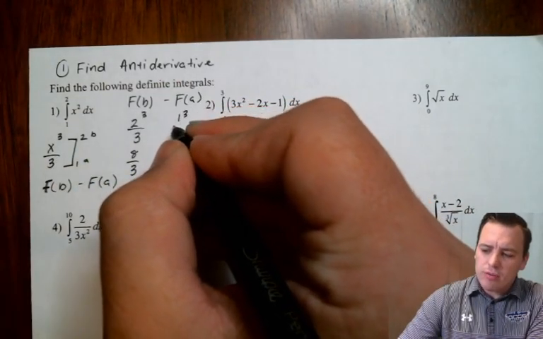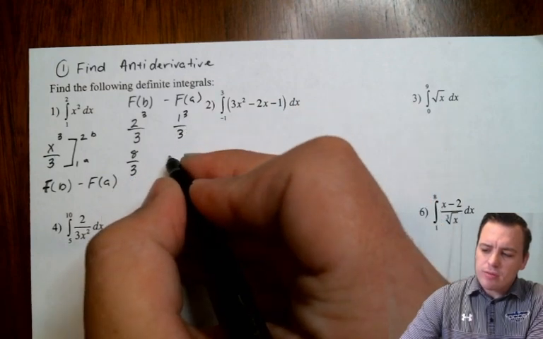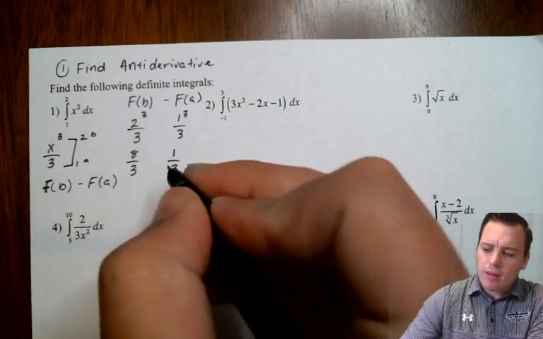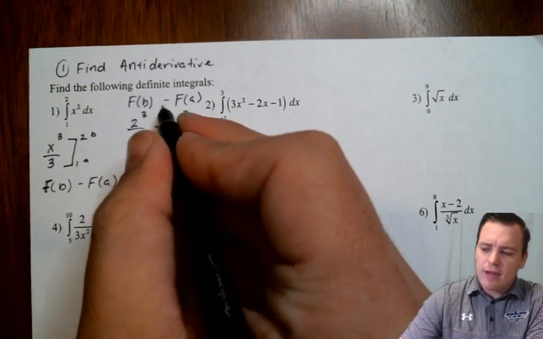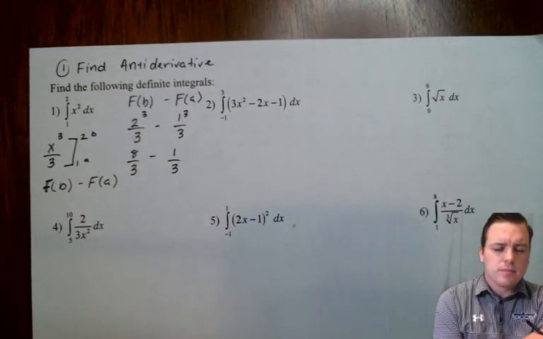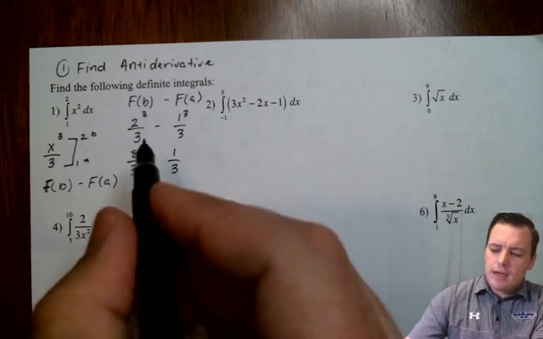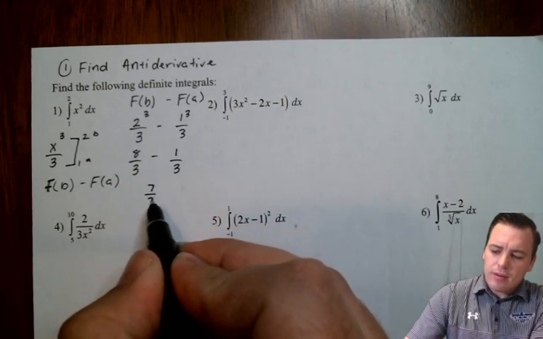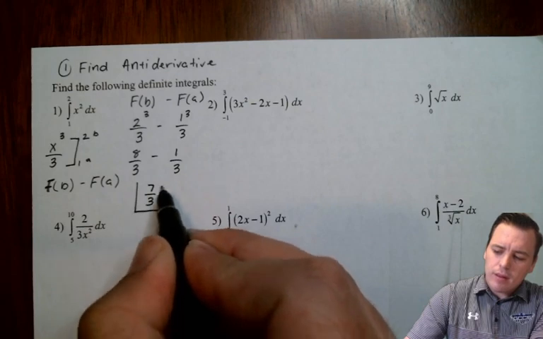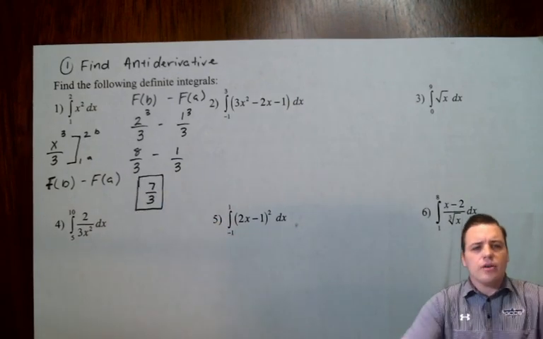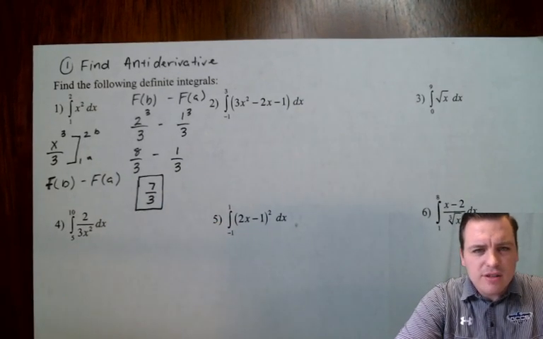That's 1 cubed over 3, which would be 1 over 3. And you're going to subtract those. And then we get 7 over 3. So the area under the curve of x squared from 1 to 2 is 7 over 3.